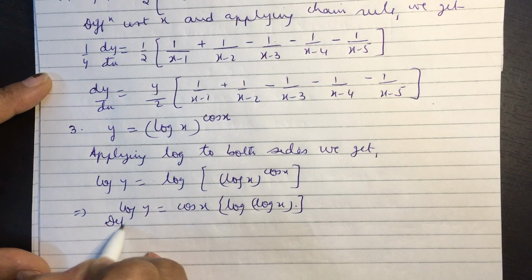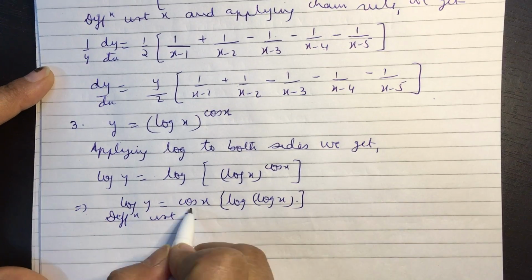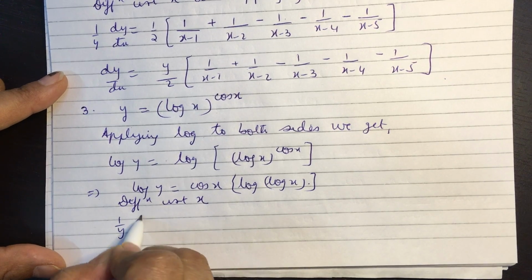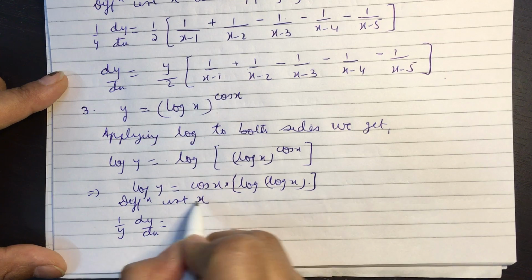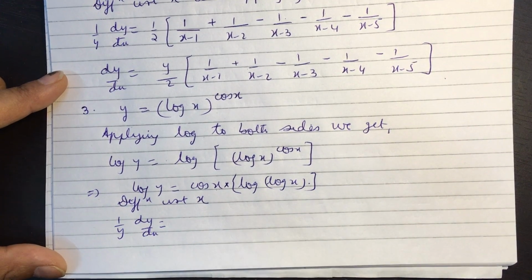Now differentiate with respect to x, and obviously we will be applying chain rule. We get 1 over y dy by dx is equal to, now this is a product of two functions, one is cos x and one is log of log x.